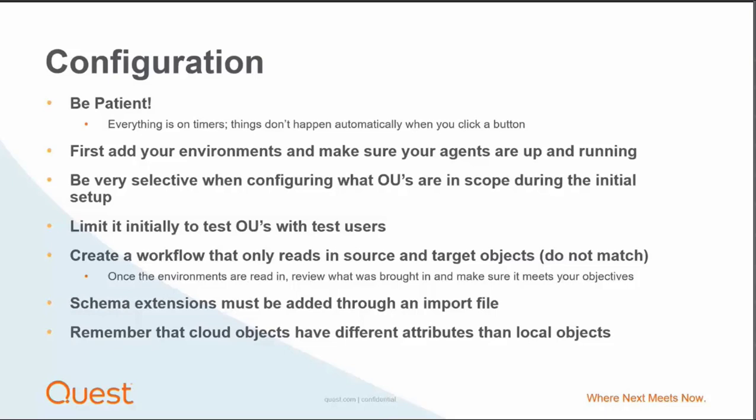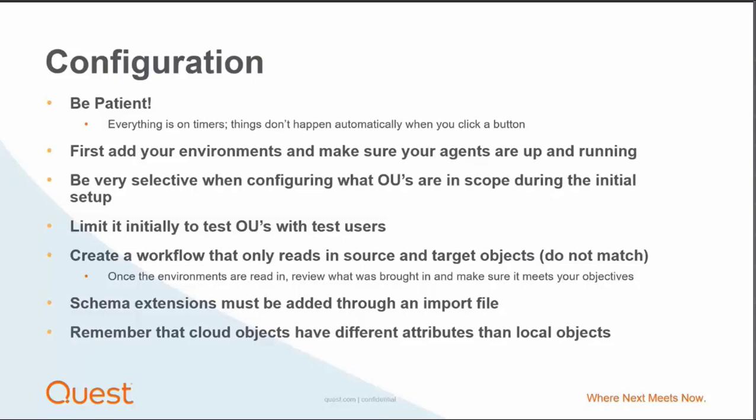Don't read in your entire target environment. There's no reason to when you're setting up the tool. My suggestion, create some test OUs in the source, create a test OU in the target that we're going to put the objects in, and limit that workflow to only read those test OUs.